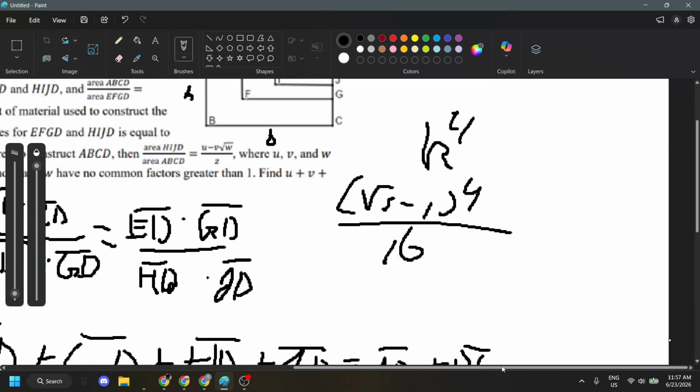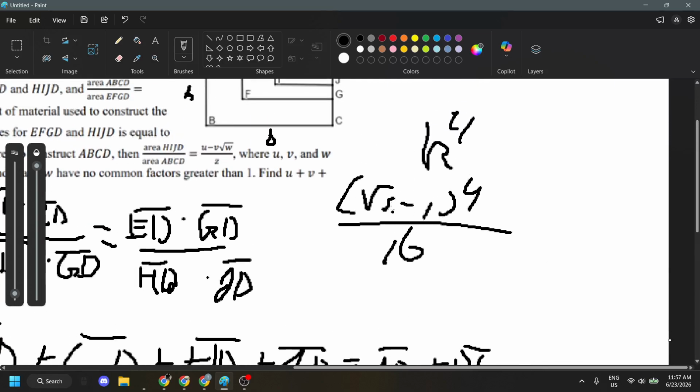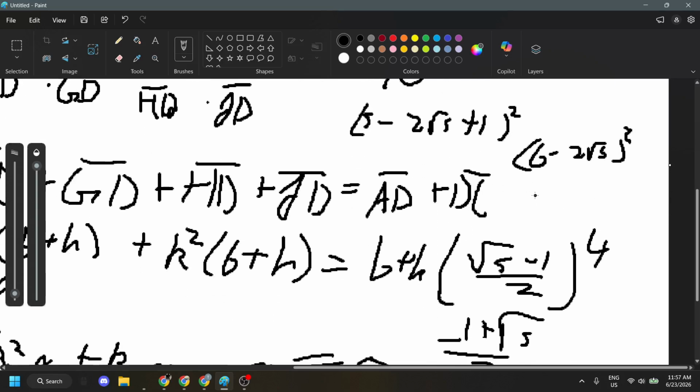Okay. This squared is 5 minus 2 root 5 plus 1, which is just 6 minus 2 root 5, squared. So then we get 36 minus 24 root 5 plus 4 times 5, which is 20.